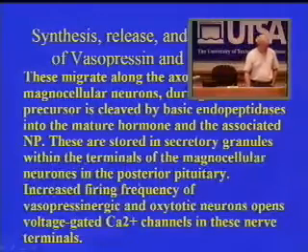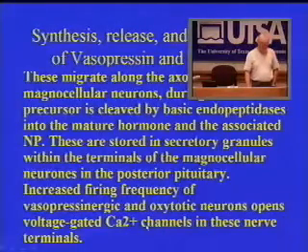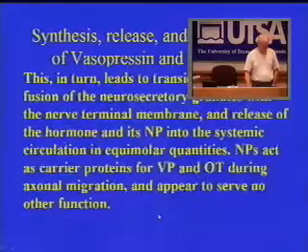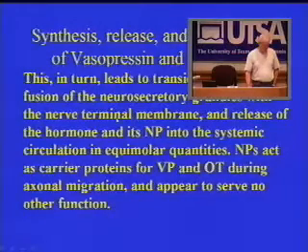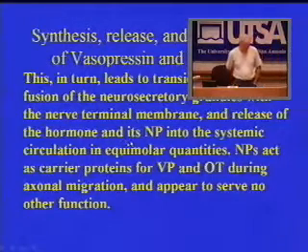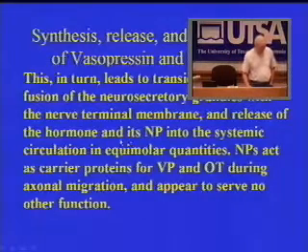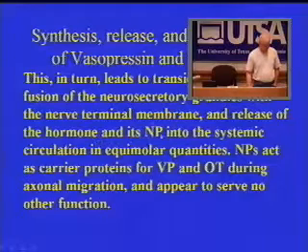When there's increased firing rate, there's voltage-gated calcium influx, calcium channels that allow the influx with the classic type of exocytotic release. That transient calcium influx causes the granules to move to the presynaptic membrane, as we know, and we get the exocytotic release of the mature biologically active vasopressin or oxytocin and its corresponding neurophysin into the systemic circulation in equimolar quantities.